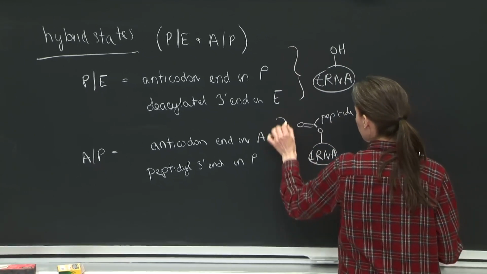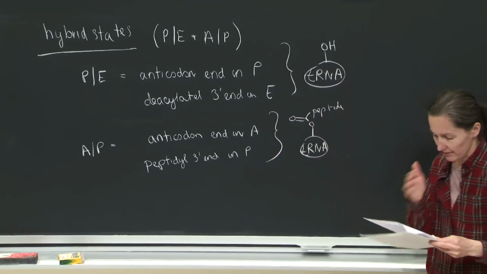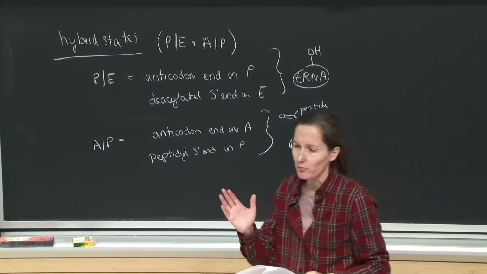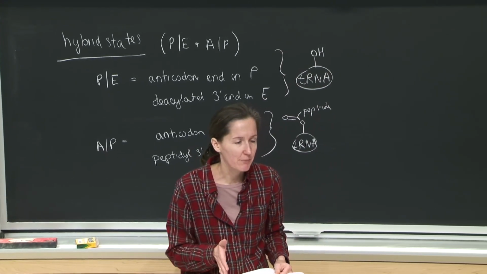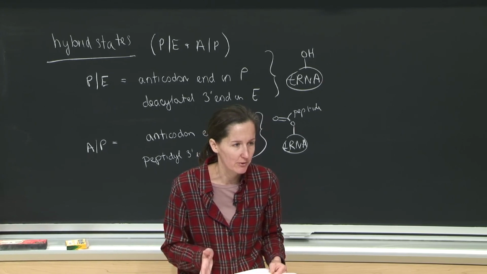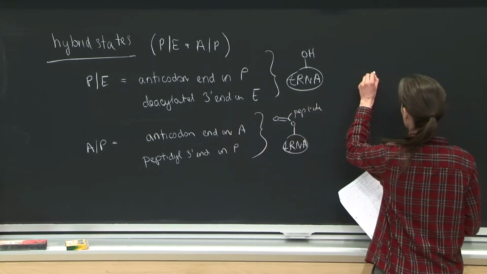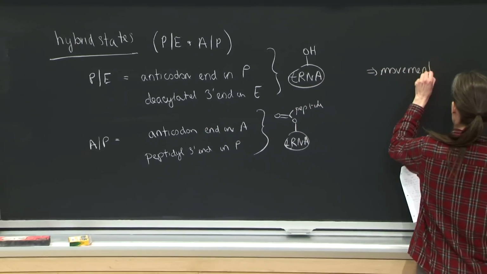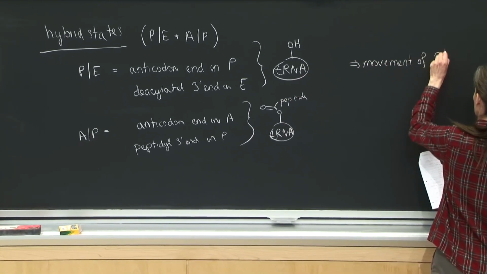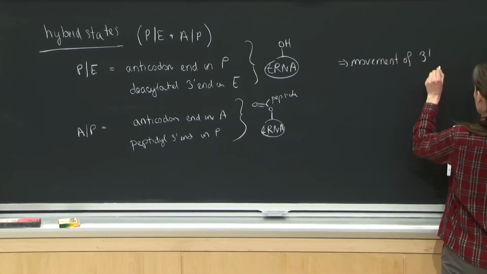Okay, so effectively, these hybrid states are describing the movement of the 3' ends of the tRNAs with respect to the 50S subunit.